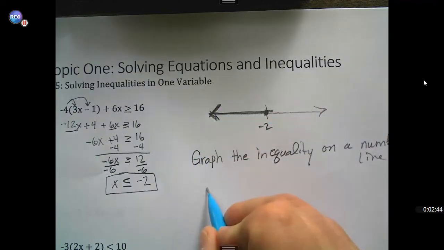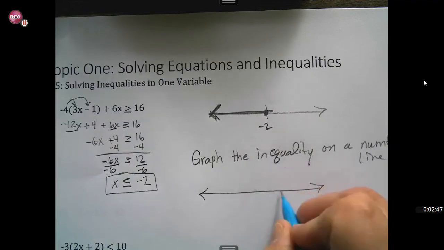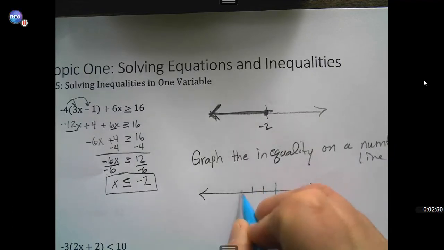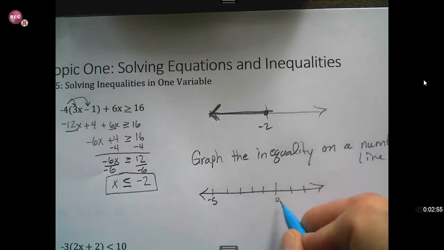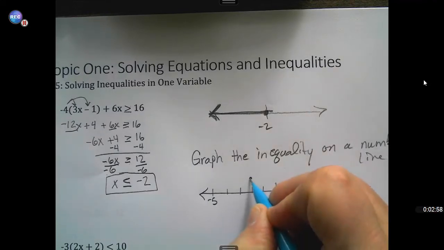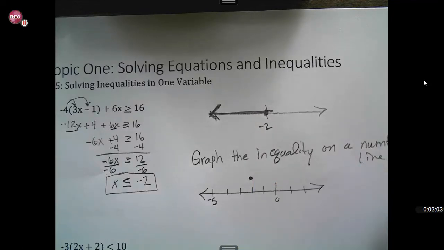What is okay is to draw the number line, put 0, 1, 2, 3, 4, negative 5, 1, 2, and now the closed circle, because it's less than or equal to. The circle means that the negative 2 is included. Then I want the numbers that are less than negative 2, those to the left. So there are two parts of your answer. One part is just the inequality. The other part is graphing it.